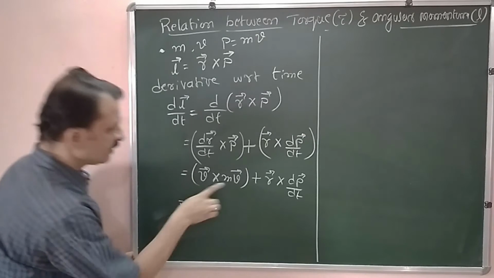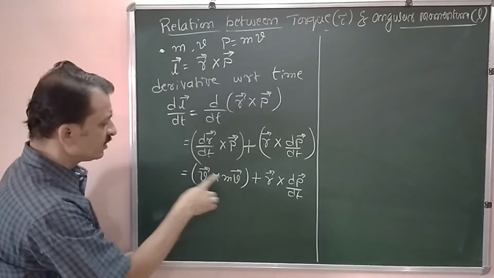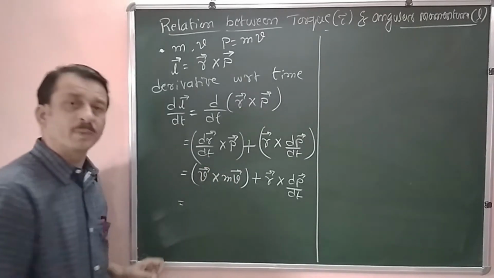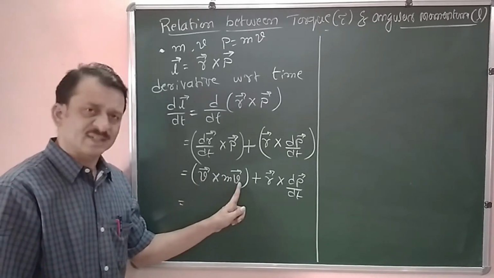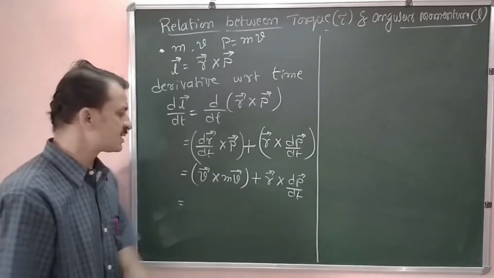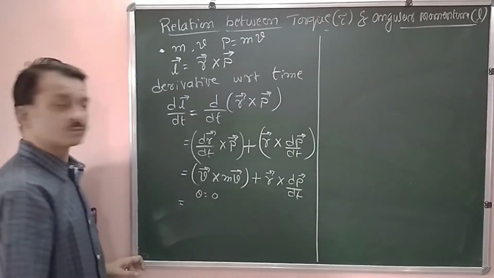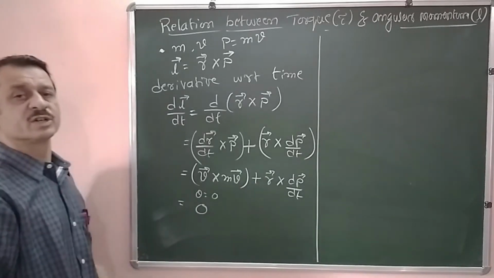Now look here, since m is mass, it is a constant, v cross v is a cross product of two parallel vectors. Since v is one vector and v is another same vector, the angle between them theta is 0, sin theta is 0, therefore this term becomes 0.